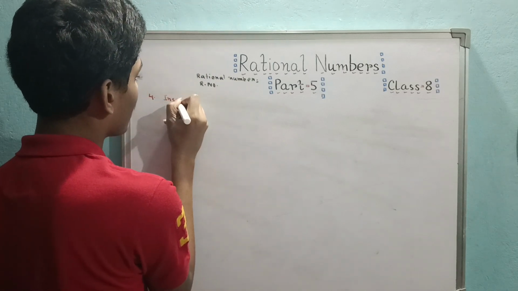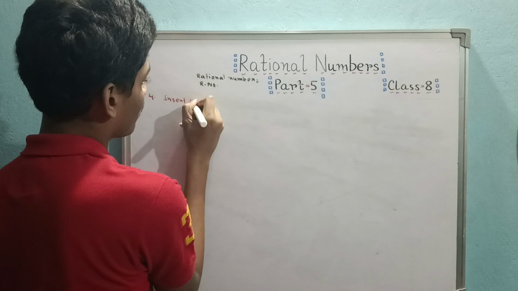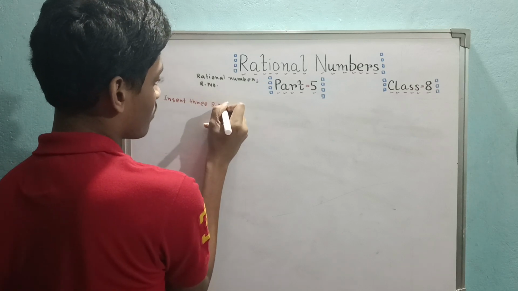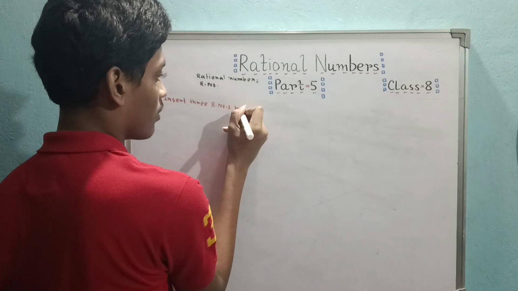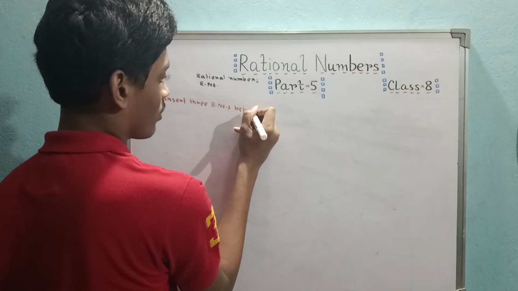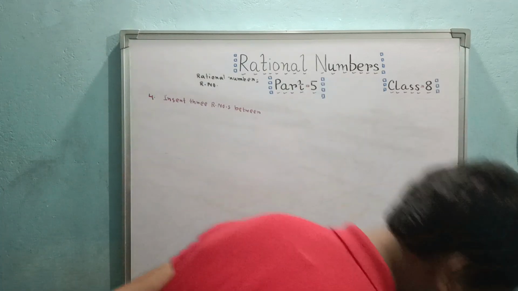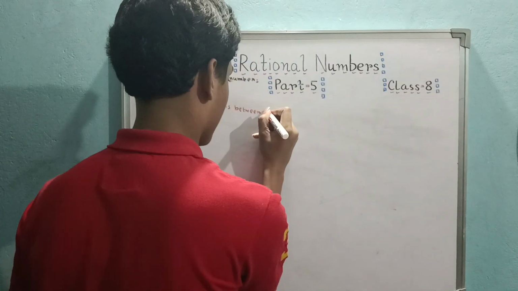Insert 3 rational numbers between 3 by 5, comma 2 by 3.